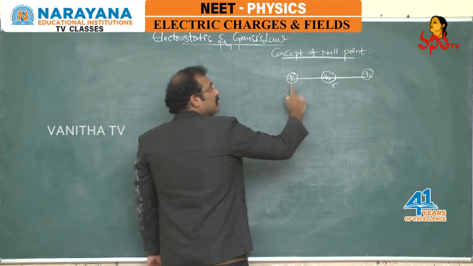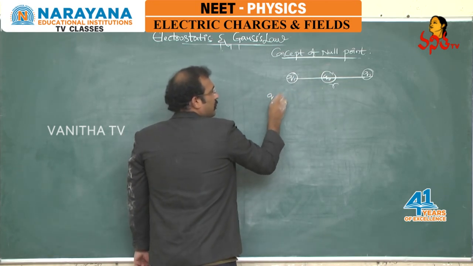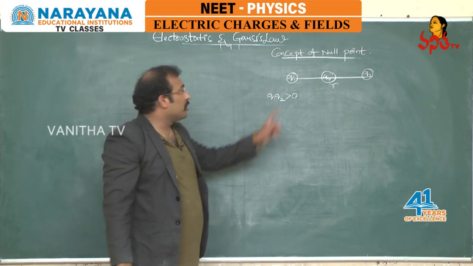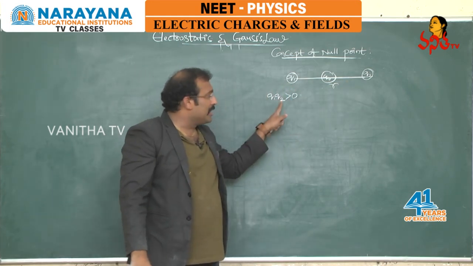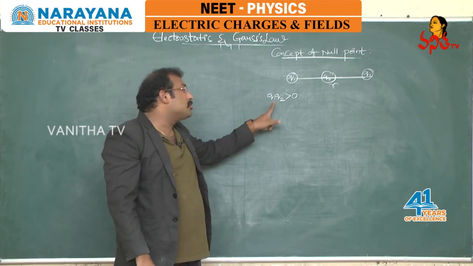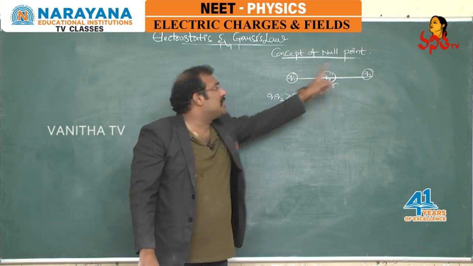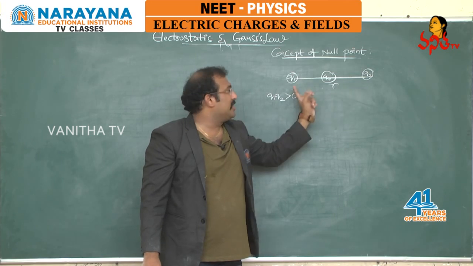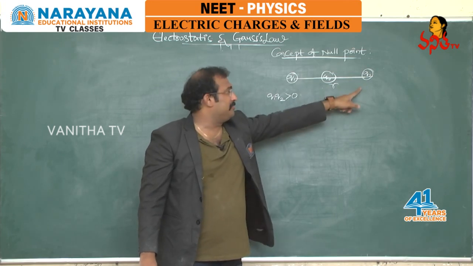If the product of the two charges Q1 Q2 is greater than 0, this is possible only when both the charges are of the same polarity, whether they are positive or negative.